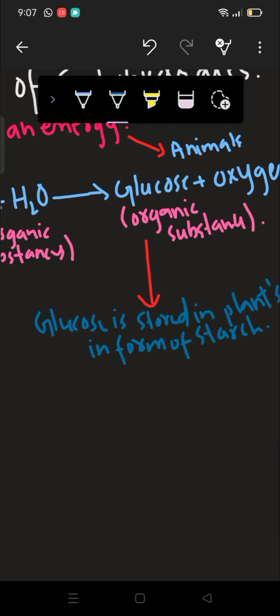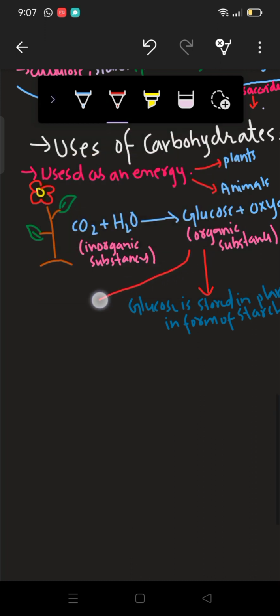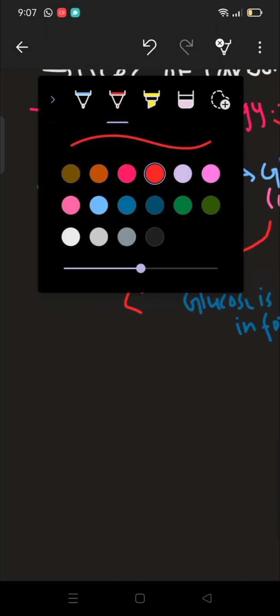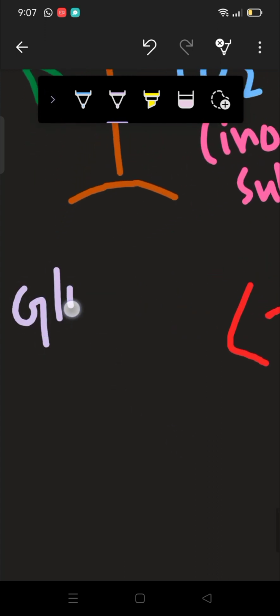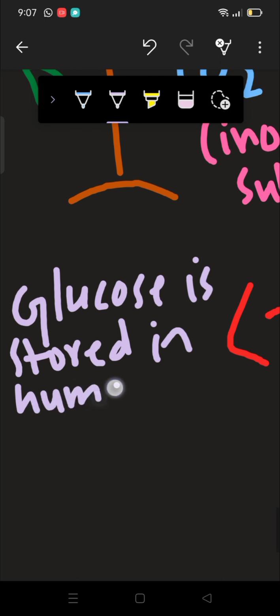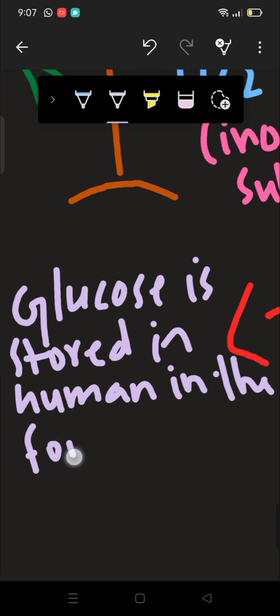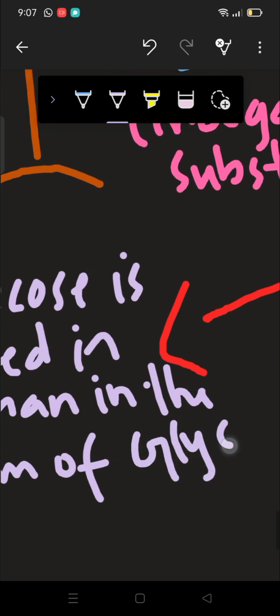And glucose is stored in our body in the form of glycogen. So glucose is stored in the human body in the form of glycogen.